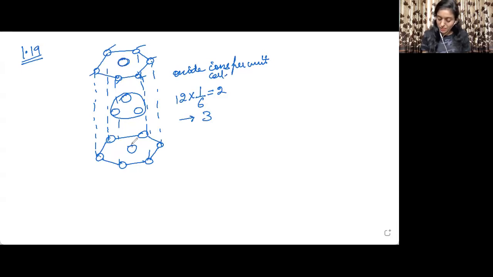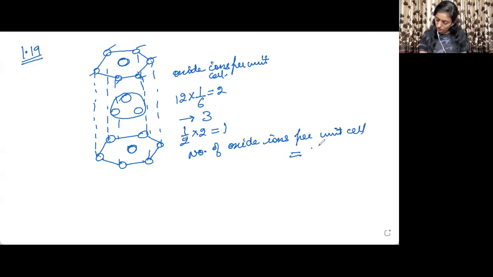Now the ones which are present at the end centers. One end center will be shared by 2 hexagons. So 1 upon 2 into 2 equal to 1. So the number of oxide ions per unit cell is equal to 2 plus 3 plus 1 equal to 6.